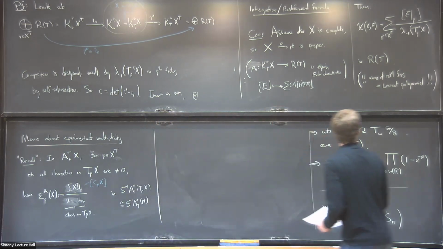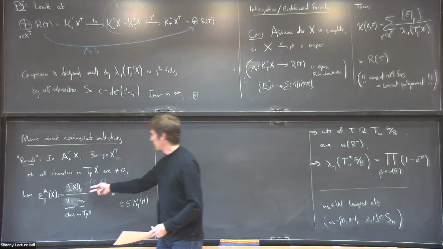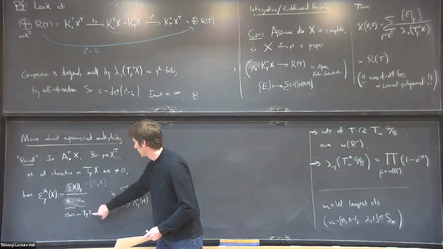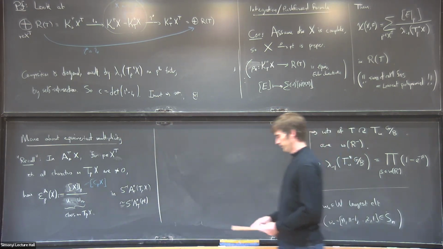Okay. And when I talked about equivariant multiplicities in K-theory before, this is what I was thinking of. This is like an Euler class of the tangent space, and yeah.